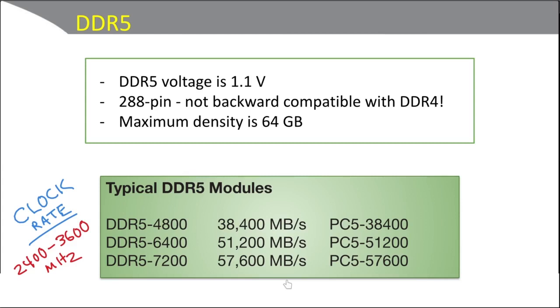Now, as with previous versions of DDR, the goals for DDR5 are to reduce power consumption, and we do that with a lesser voltage, and also increase the bandwidth so that the device can work faster, transmit more data per second, and work more efficiently.